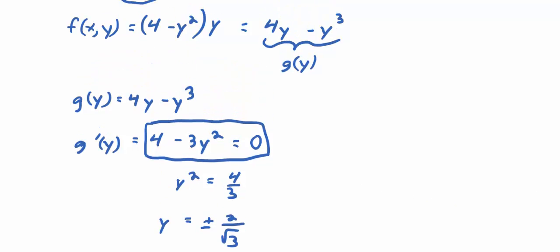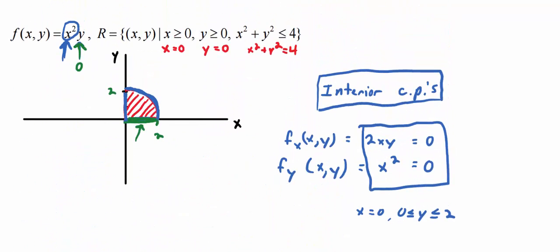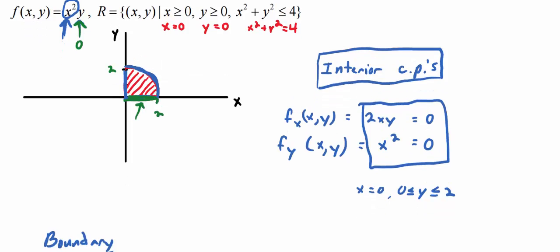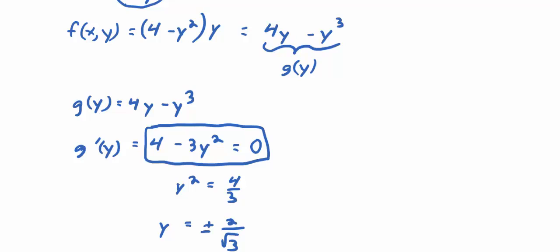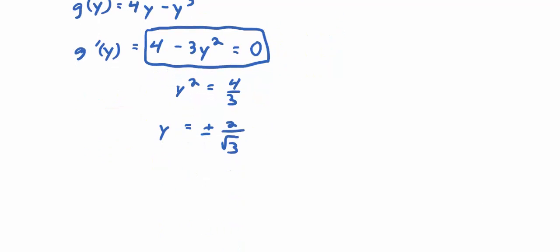No, because any point with a y value of minus 2 over root 3 won't be a point on this quarter circle. Because this quarter circle lies in the first quadrant, where the coordinates are non-negative on all the points. Okay, so cross out the negative part of it.